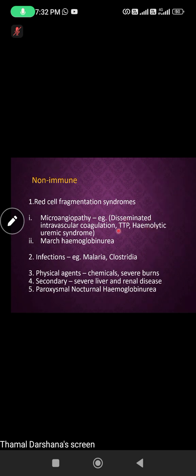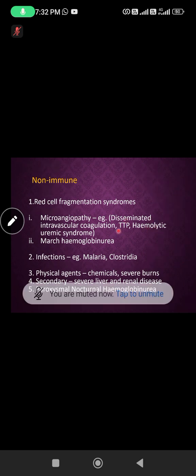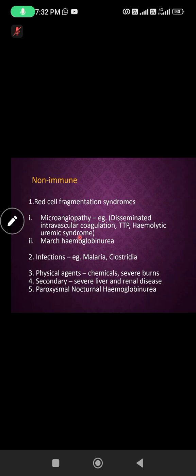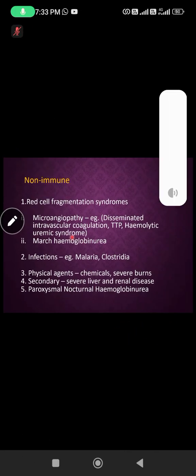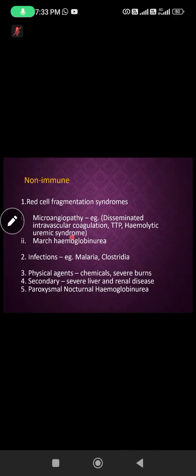Hemolytic uremic syndrome, again, very similar. The final action is similar. It is a secondary condition caused by bacterial infection, especially E. coli. Certain strains of E. coli produce a toxin called Shiga toxin, and this toxin can induce endothelial damage of blood vessels.